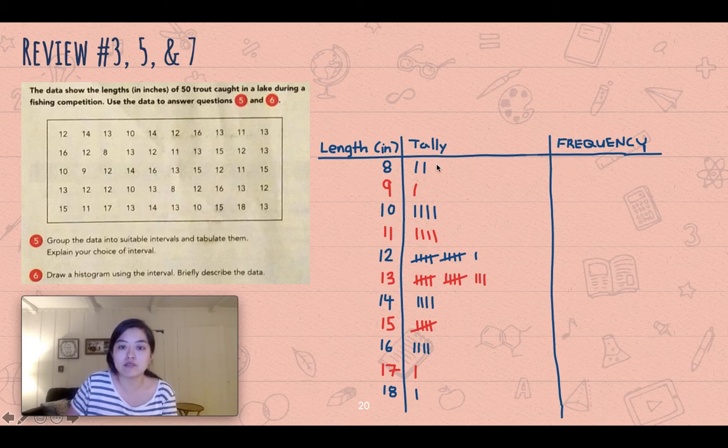And then I'm going to write the frequency that correlates with the tally marks. But I'm not done yet.